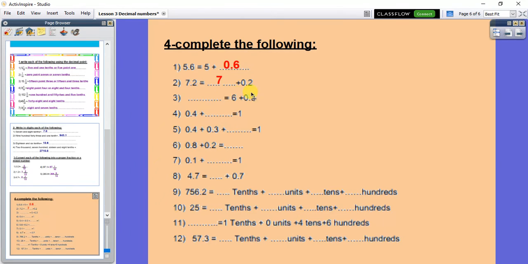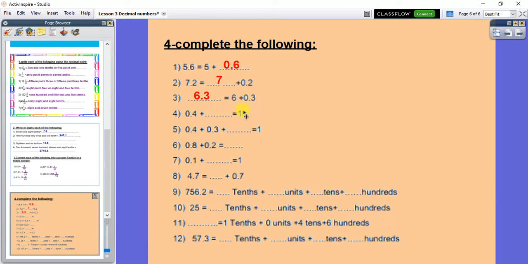The next one gives me the opposite. 6 plus 0.3. Since 6 is the whole number, I will put the point. It will be 6.3. The next one, 0.4 plus what gives me 1? What shall I do? I want to reach 1.